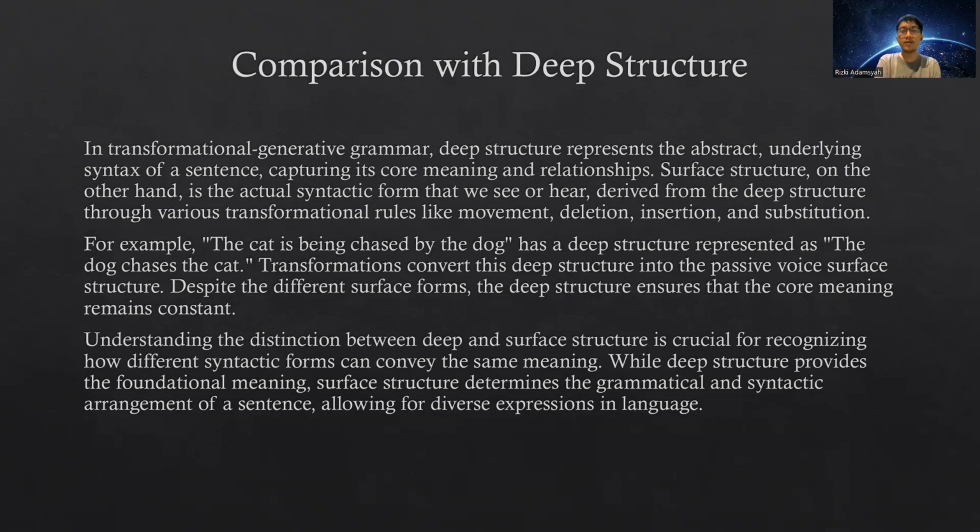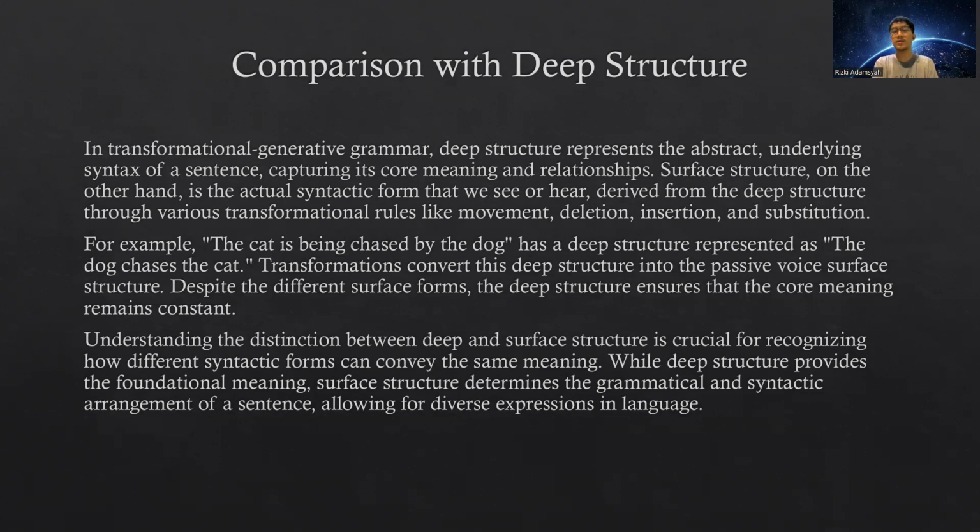For example, the cat is being chased by the dog has a deep structure represented as the dog chases the cat. Transformations convert this deep structure into the passive voice surface structure. Despite the different surface forms, the deep structure ensures that the core meaning remains constant.